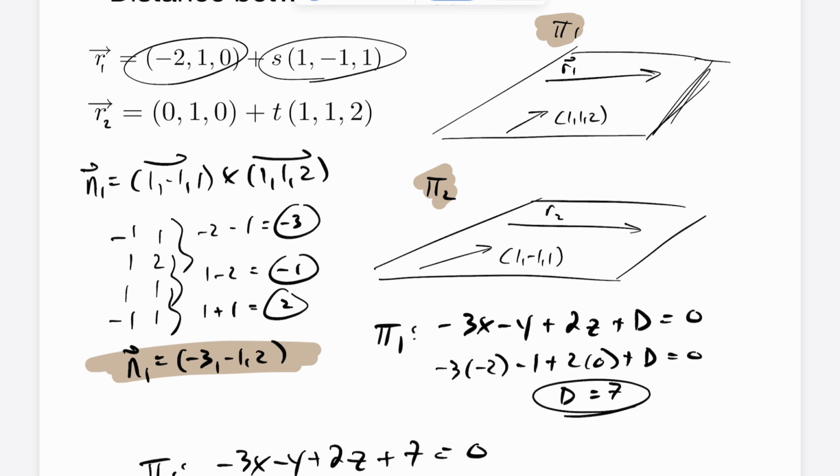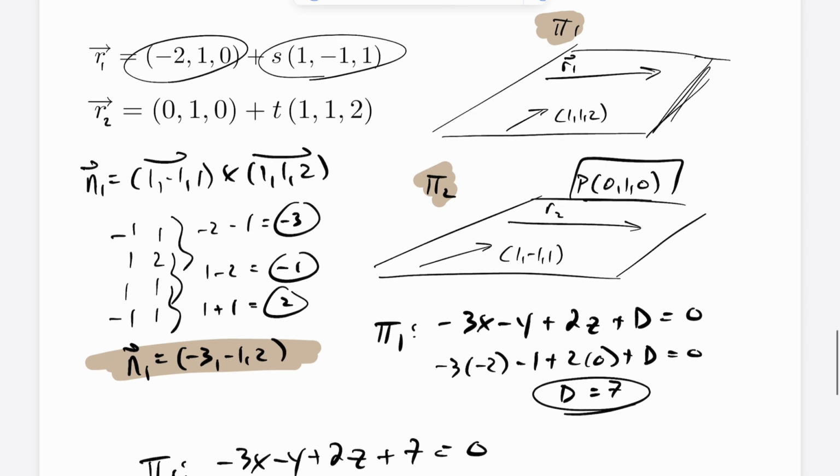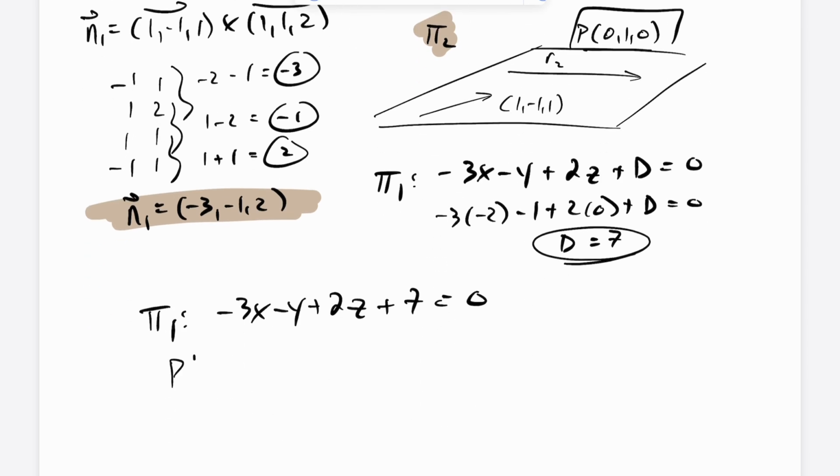So now I have an equation of a plane. I can just grab a point on this plane here. A point on this plane that I'm going to use on plane 2 would be the point 0, 1, 0. So my point here is going to be 0, 1, 0, and I'm going to use my formula.